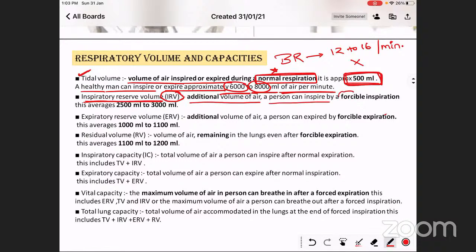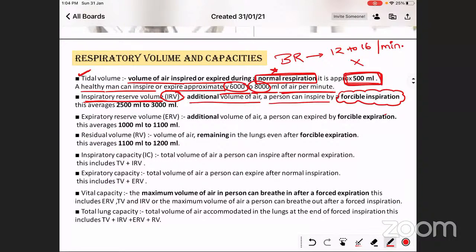And if we want to take anything additional, we have to work more. Now we are not talking about normal respiration. We are talking about forceful inspiration, meaning you are forcefully taking the air inside your lungs. Many times we start taking air very forcefully, voluntarily. In normal respiration, when you are sitting normally, you are not respiring forcefully.